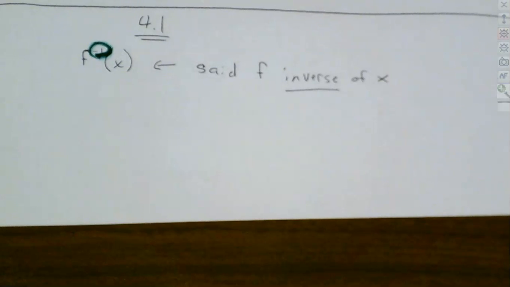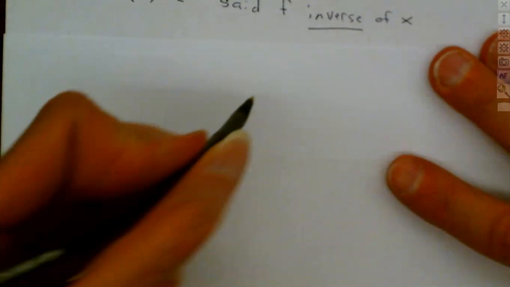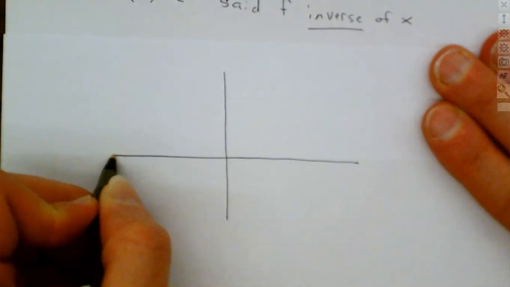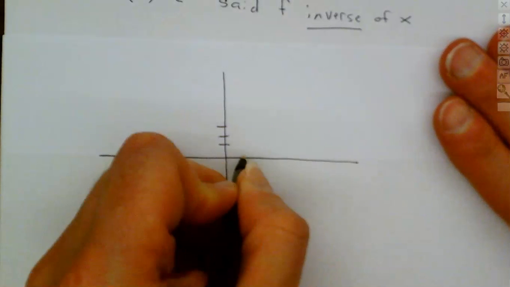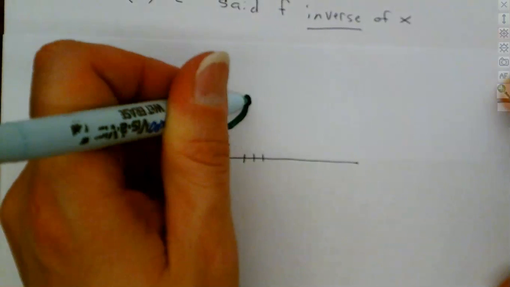And what does an inverse look like? Well, an inverse, you have to be able to fold it across the line y equals x. So let me show you what two functions are that are inverses. We'll do a very simple one. I want you to visibly see what an inverse is. These two functions are going to be inverses of each other.